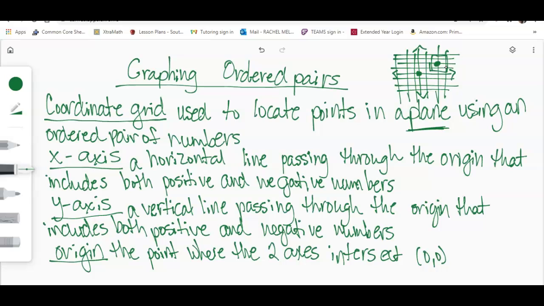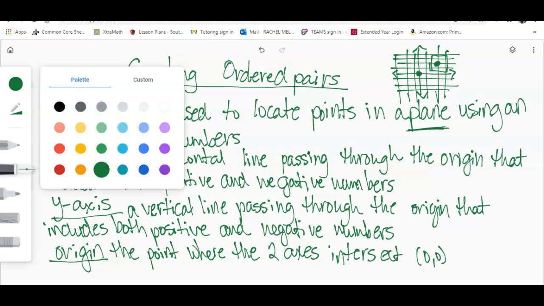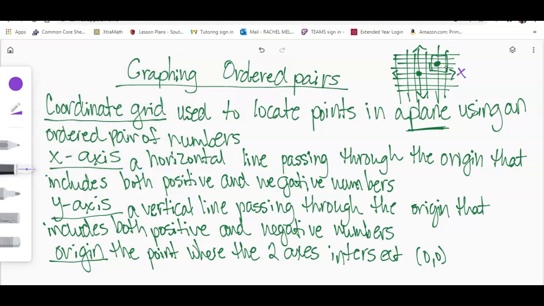On the coordinate grid, we have the x-axis and the y-axis. The x-axis is the horizontal. Remember, horizontal means left to right. So the horizontal axis is the x-axis. Everything that's going in this direction is an x-axis. So the x-axis is a horizontal line passing through the origin that includes both positive and negative numbers.